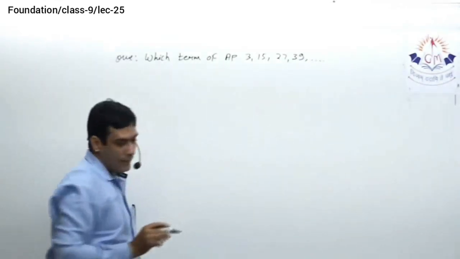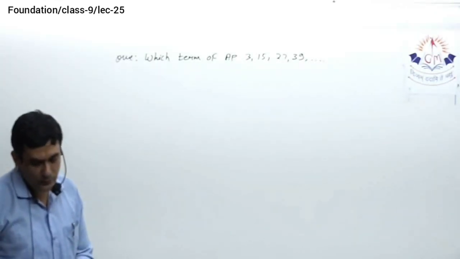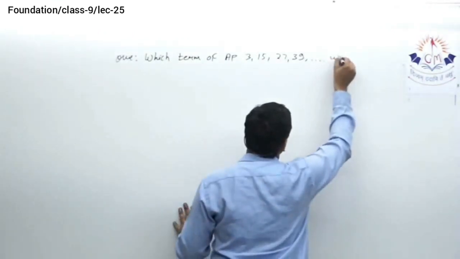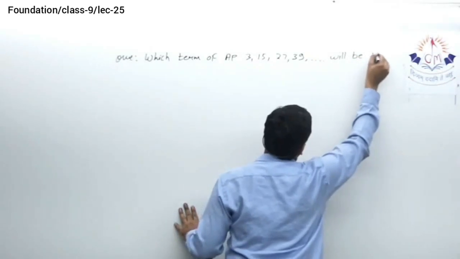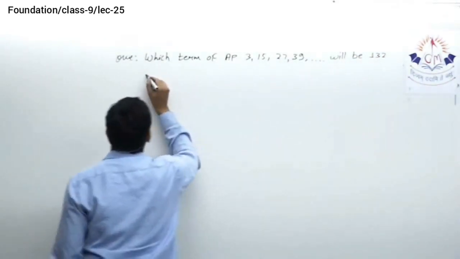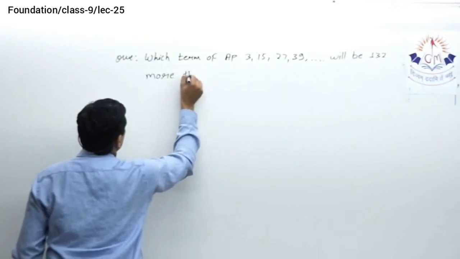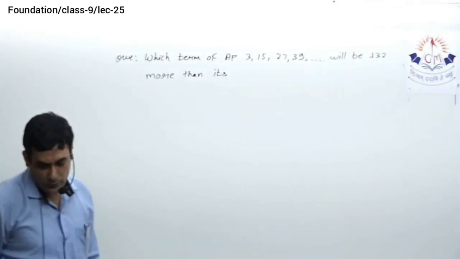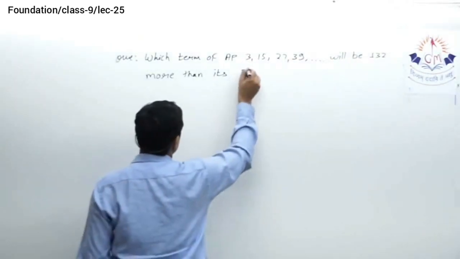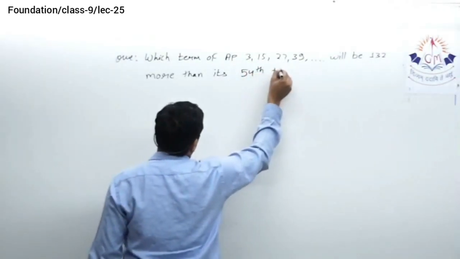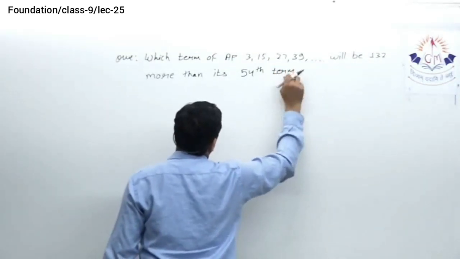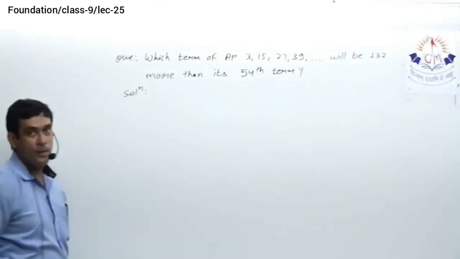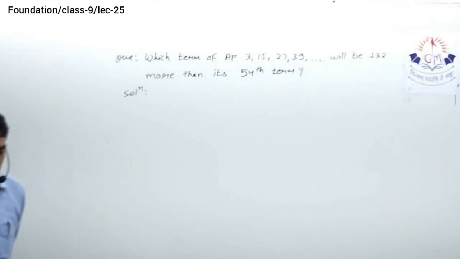So which term of AP 3, 15, 27, 39 will be 132 more than its 54th term. Okay, so think for a while, then I will give you its solution.